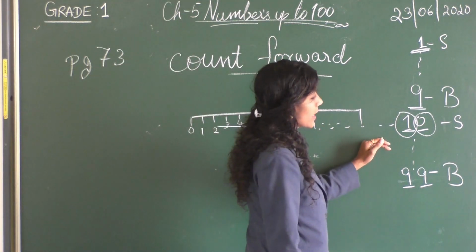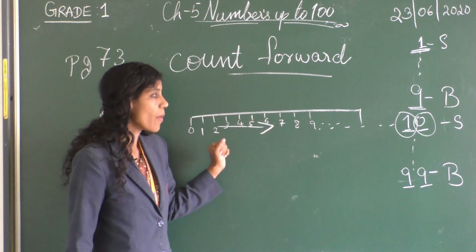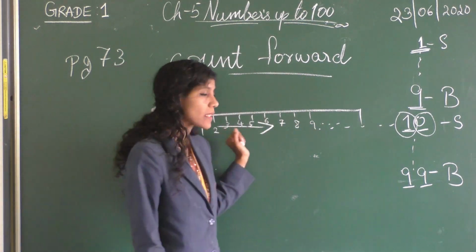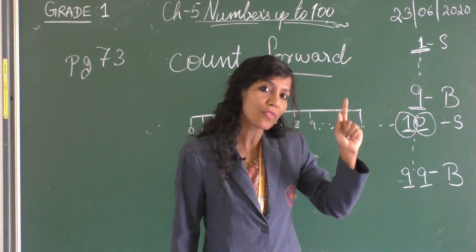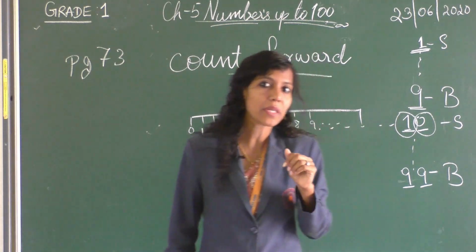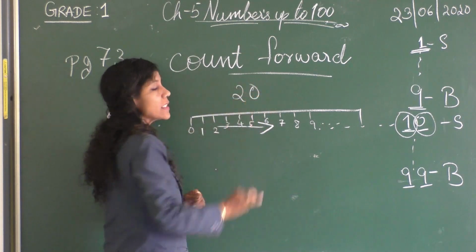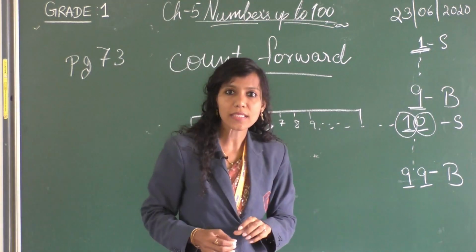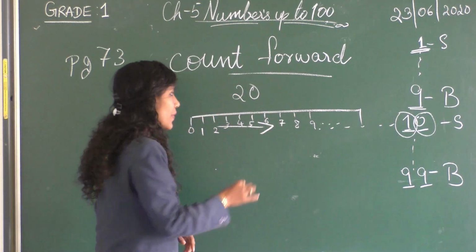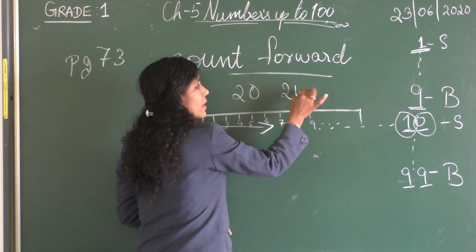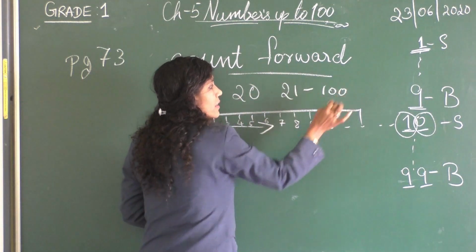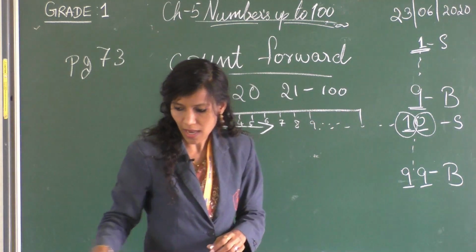Now what we are seeing is counting forward from all the 2-digit numbers. We did count forward for single-digit numbers and 2-digit numbers till 20. Now in this chapter we have started from 21 and we will go till 100. So 21 till 100.